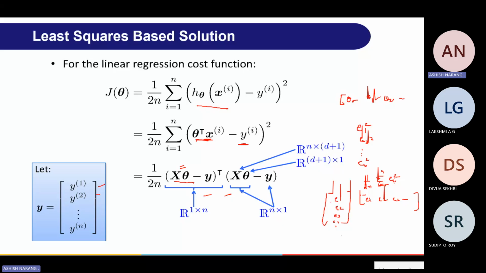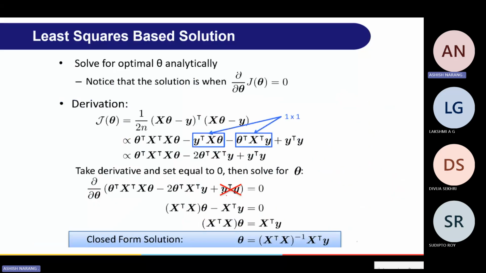So this is now the cost function. Now if I further solve it, I multiply this: X transpose, theta transpose, X transpose X theta. This multiplication we have done. Then y transpose X theta we have done. Then this particular y will also get multiplied. This is theta transpose X transpose y, transpose y.